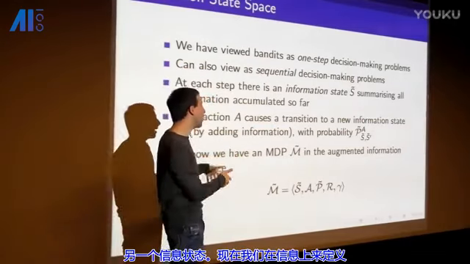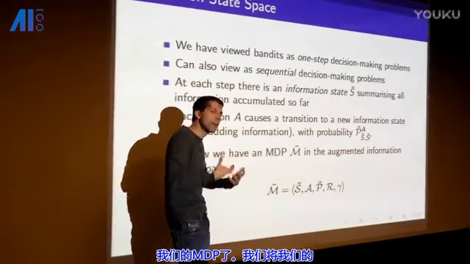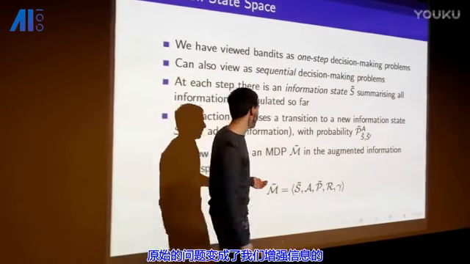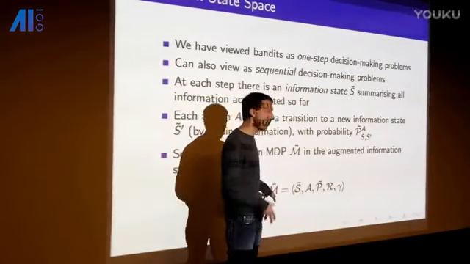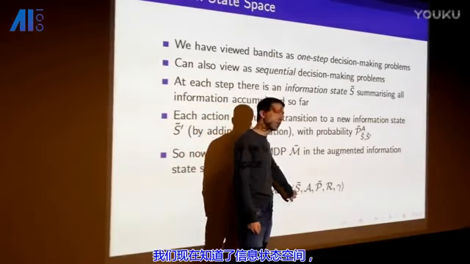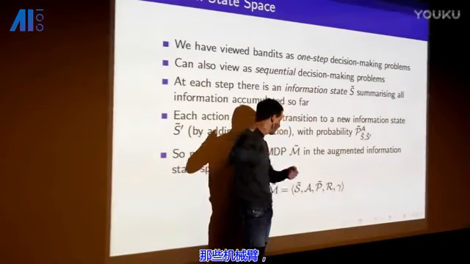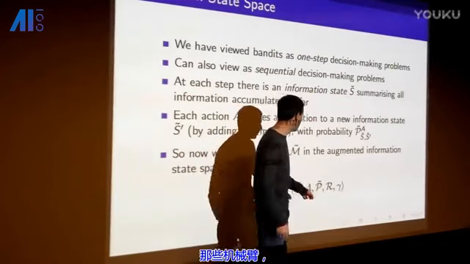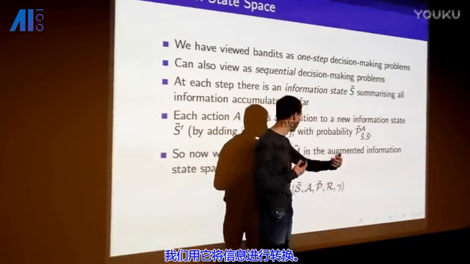And so we can define an MDP over information states now. So we've augmented our original bandit problem into an augmented information state space. We've got this M tilde, that's our overall MDP. And now we've got this information state space. We've got our normal action space, these are the levers, the arms of my bandit. We've got our transition matrix, this is the way that we transition from information state to information state.